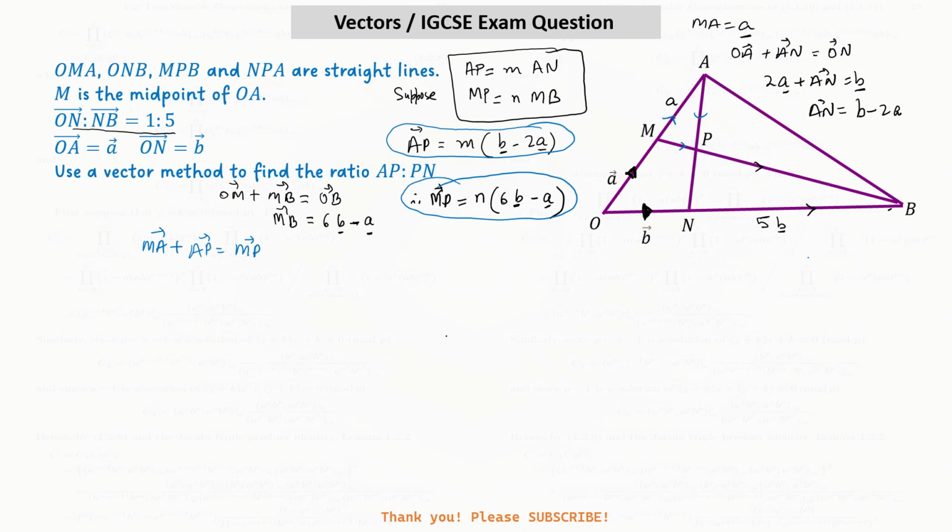Now MA is vector A, so A plus AP is M times B minus twice of A, and that is equal to MP, which is N times 6B minus A.